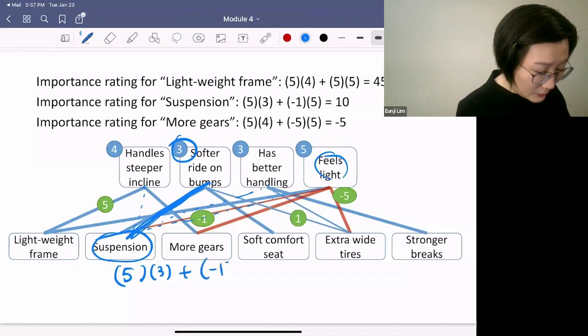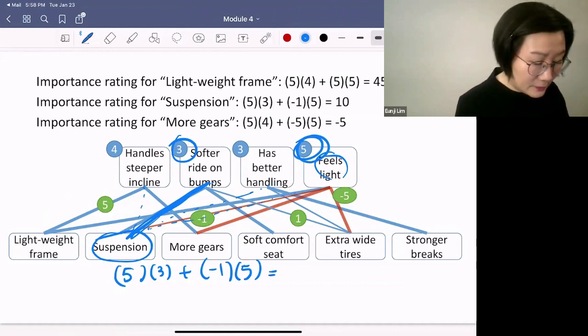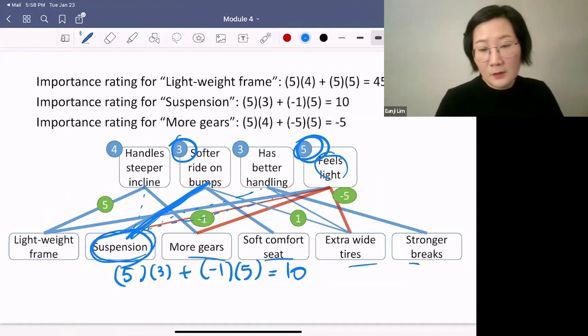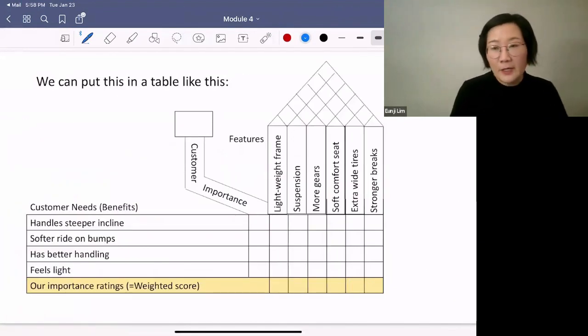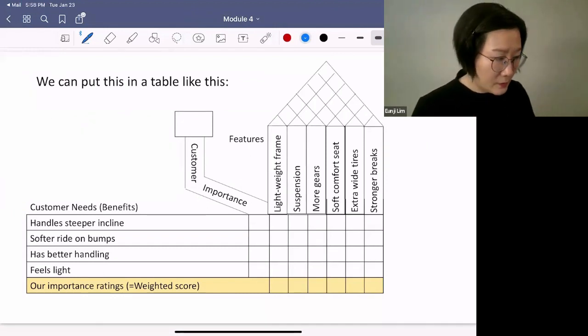So it's -1 times the rating for feels light. Okay? This equals 10. And this is the importance rating for suspension. We can keep doing this for the rest of the features. So this way, we can compute the importance ratings for all the features.